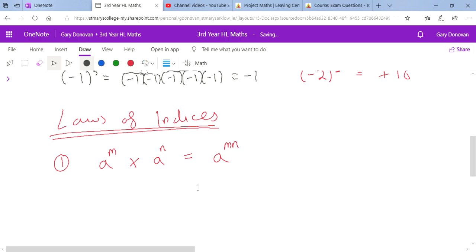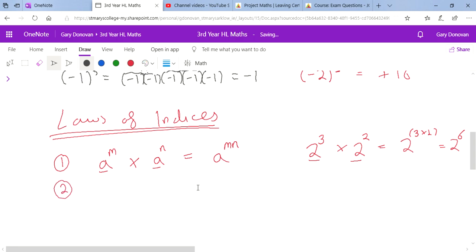Now what's important here is that the base number is the same in each case. So this would work, say 2 to the power of 3 multiplied by 2 to the power of 2. That's the same as 2 to the power of 3 times 2, or 2 to the power of 6. But it only works if the base number is the same, so if that's just a 2.